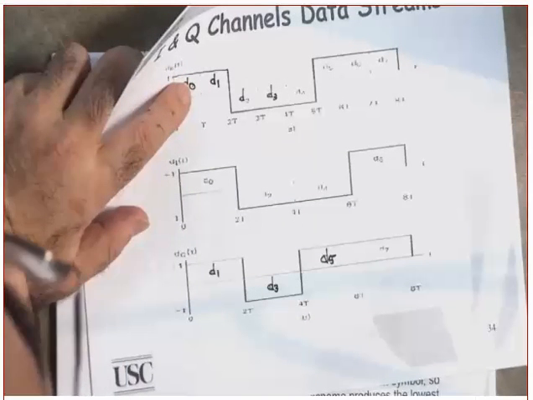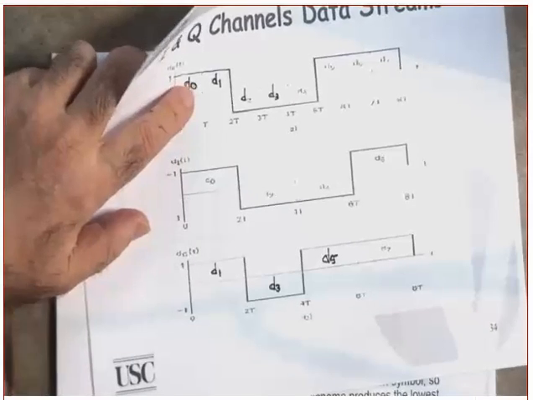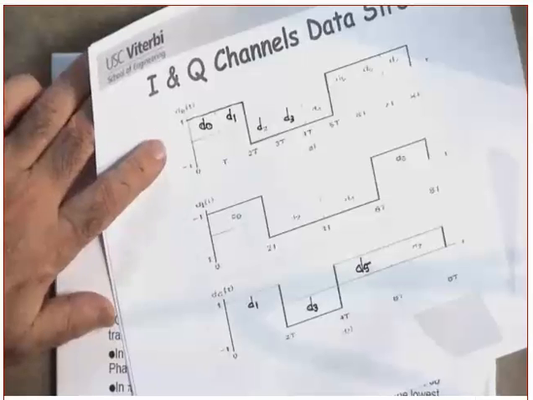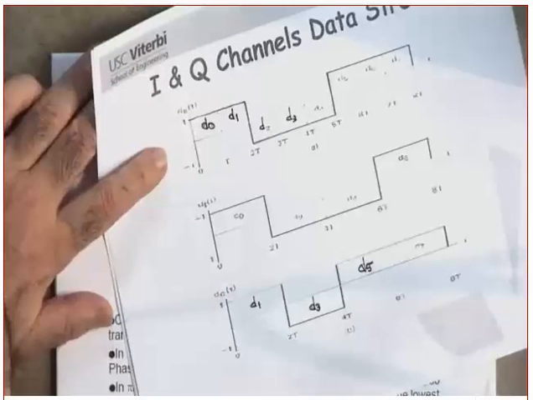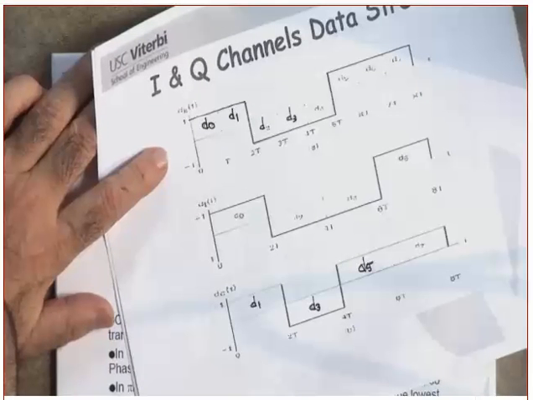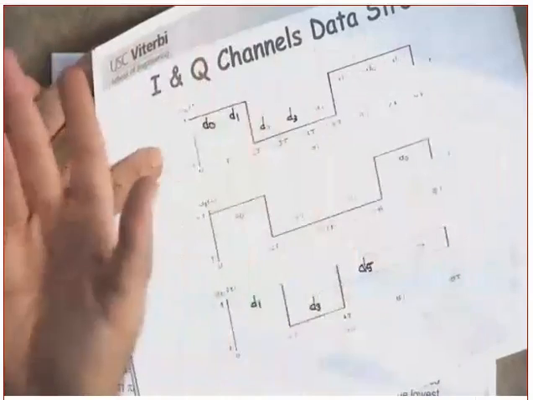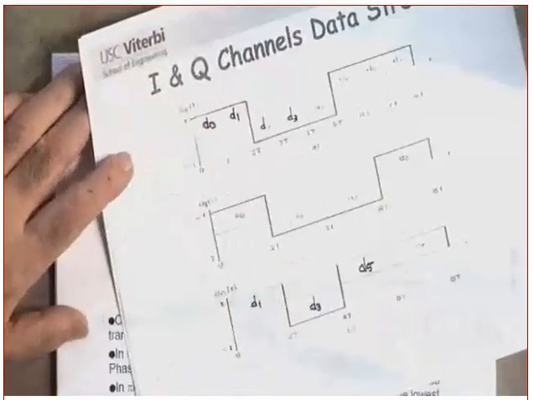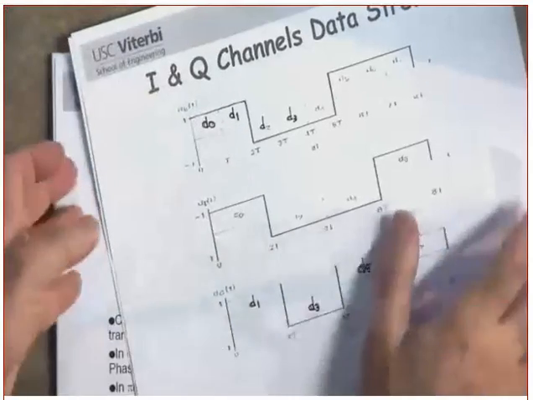If you are going to delay the Q with respect to the I by 1/2 symbol duration, which is the same as 1 bit duration, will you be getting a 0,0 to 1,1 transition? You are not going to get it, because they cannot change at the same time. They are offset by 1 bit duration. Clear? So what transition do you get?